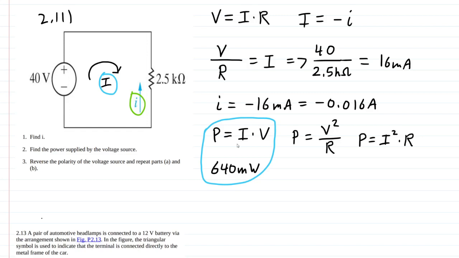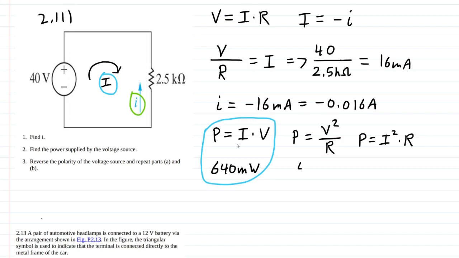You can say that it's negative because it's power supplied, but if you think in terms of magnitude, it's the same. There's nowhere else for the power to be, and you can't have negative energy. It's just a mathematical convenience. We'll just leave that as 640 milliwatts.